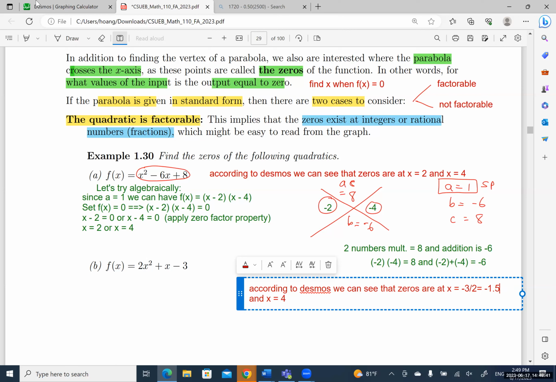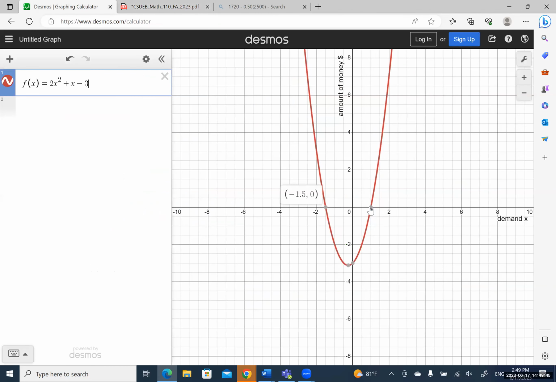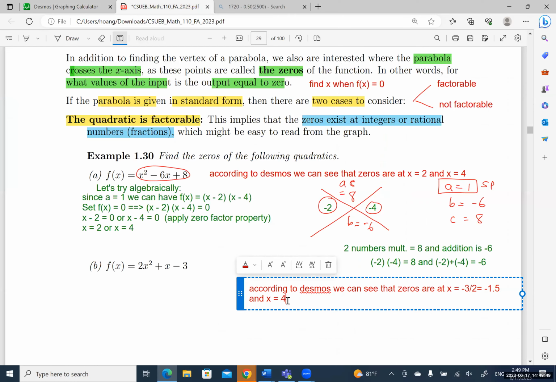And what else? One. Okay, so we have 2 points, as shown, right?